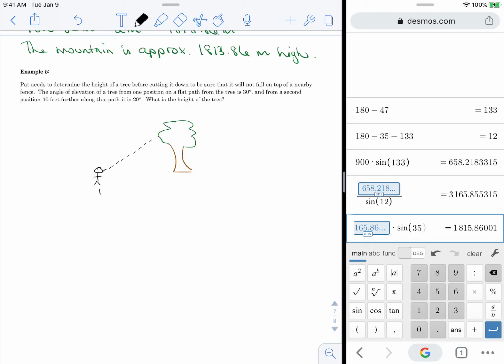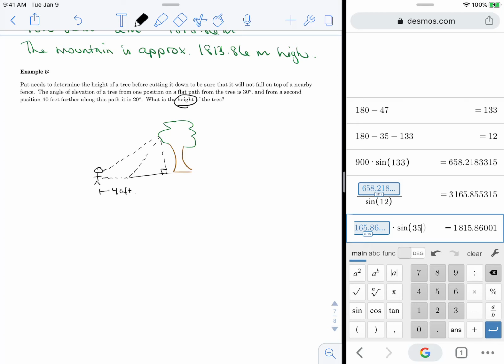We move in 40 feet closer or further, however you want to say that. So let's go here. We look at the top of the tree again, and then this is going to form a right angle. So realize that the height of anything always has to form a right angle. That's how we measure it.